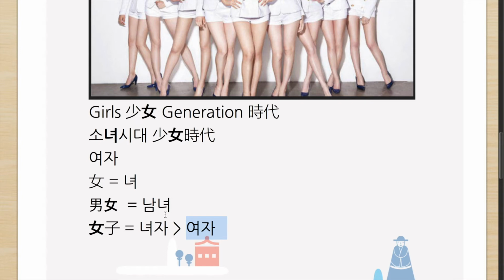So why? Or even let's say the word 남녀. 남녀 means nam is men, 녀 is women. So it's like male, female. So we say 남녀. However, when this word female, 녀, comes in front as the first sound of a word, we do not pronounce this, we do not even write it as 녀자.